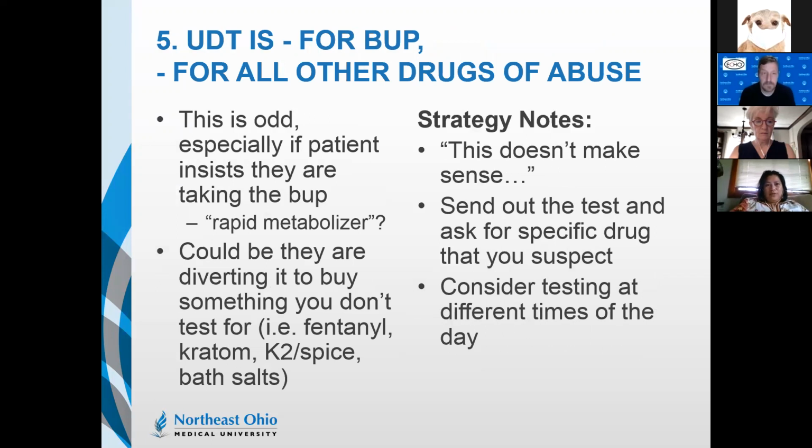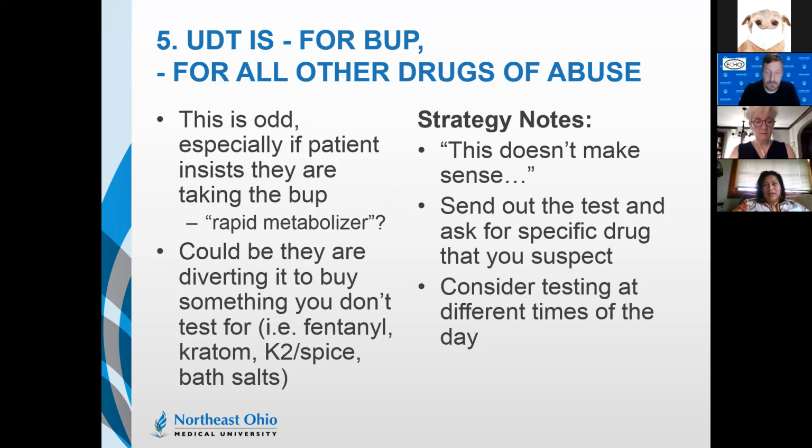What if the urine drug screen is negative for buprenorphine? They're not taking it at all, and they don't even bother to try to fake it, but at the same time, it's negative for all other drugs of abuse. And the patient's telling you, look, I'm sober, and I'm taking my medication. On rare occasions, so 1 out of 50 times, you look at all the recovery indicators in that person's life and they seem to be doing fine, then I'm curious about how they're taking the buprenorphine.